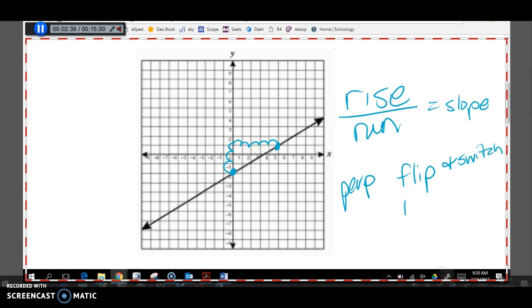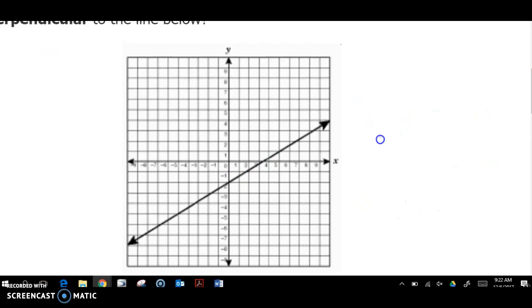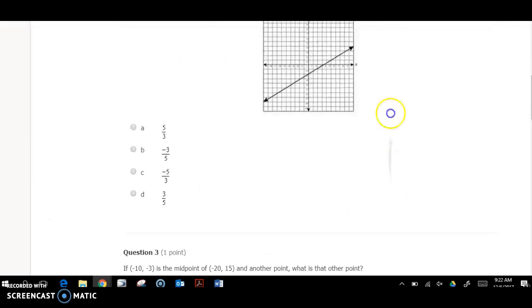Okay, so for example, if I had 1/3 and I flip it, now I have 3 over 1. And then I'm going to switch the signs to -3 over 1. So you need to take this slope, you need to flip and switch the signs, and that is the perpendicular slope. Okay, and that's 1 and 2.